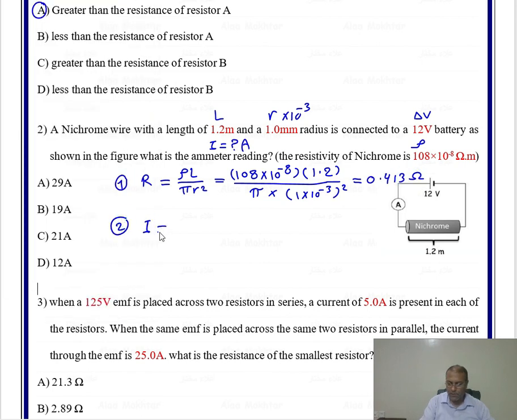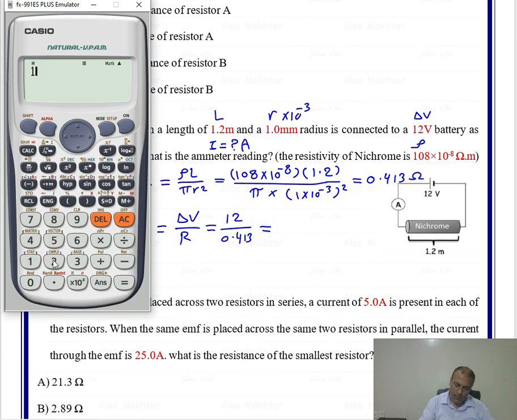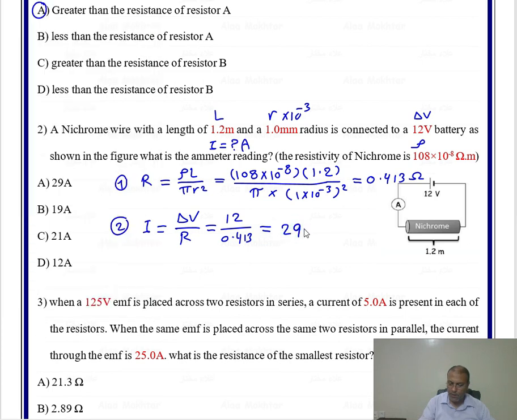What about current? I equal delta V over R, 12 divided by answer, 29.1 ampere or 29 after rounding the number.